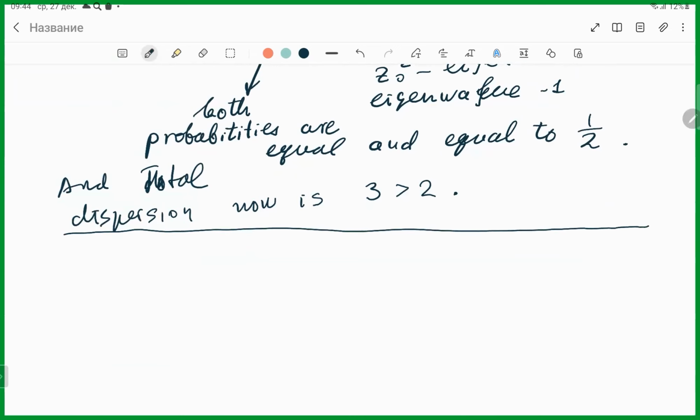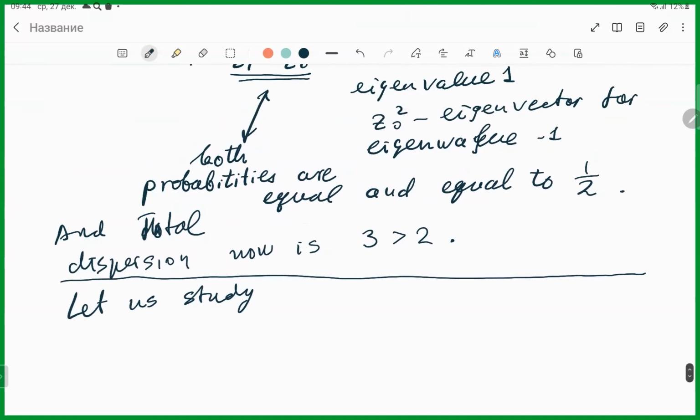Now let us study the large N dispersion of the Veronese state.